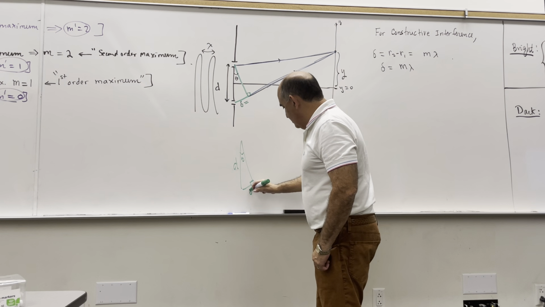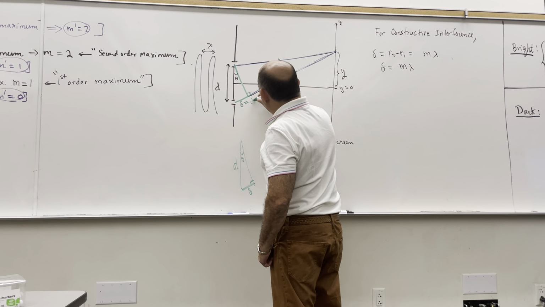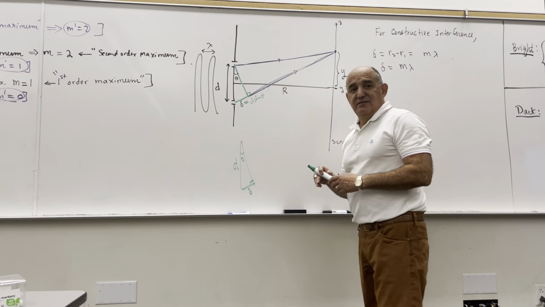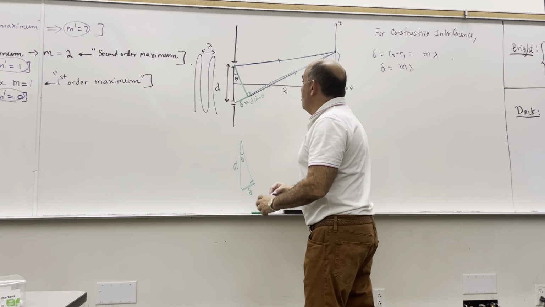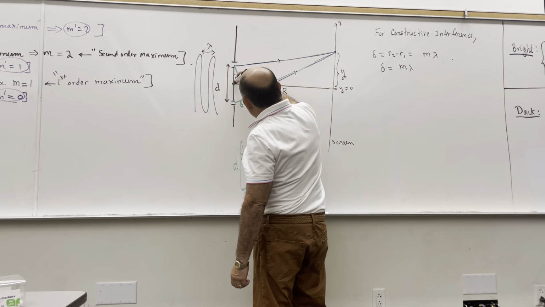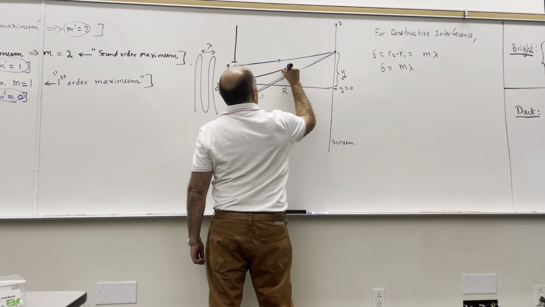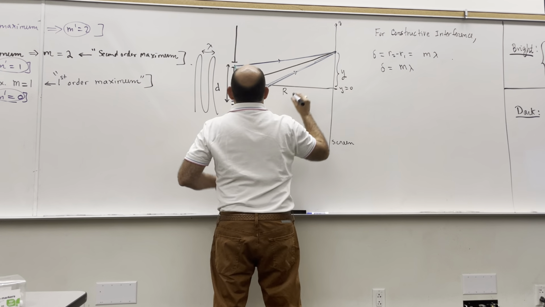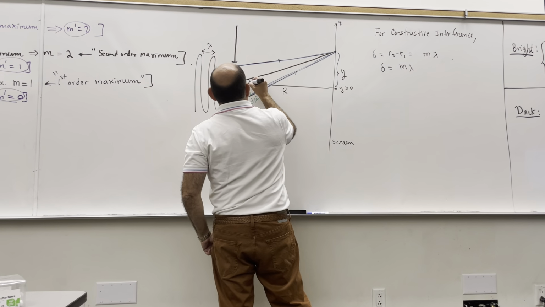So what is this distance here? d sine theta. Yes? d sine theta. Now, from geometry, we can show that if I draw a line from the center over here to that point, the angle that this line makes with the horizontal is also theta.